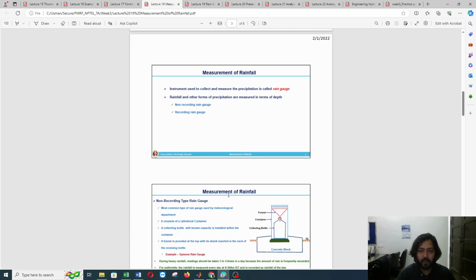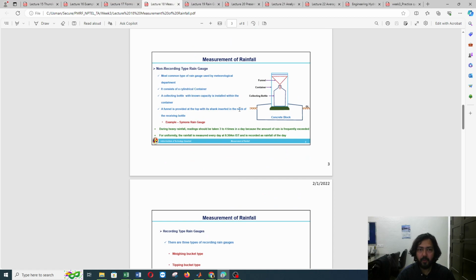So we have looked into the setup of non-recording rain gauges, and we know that it is also called the Symons rain gauge, right? We also covered its limitation: in case of a heavy rainfall period or storm event, we are supposed to refill or change the collecting bottle as the rainfall is quite high.